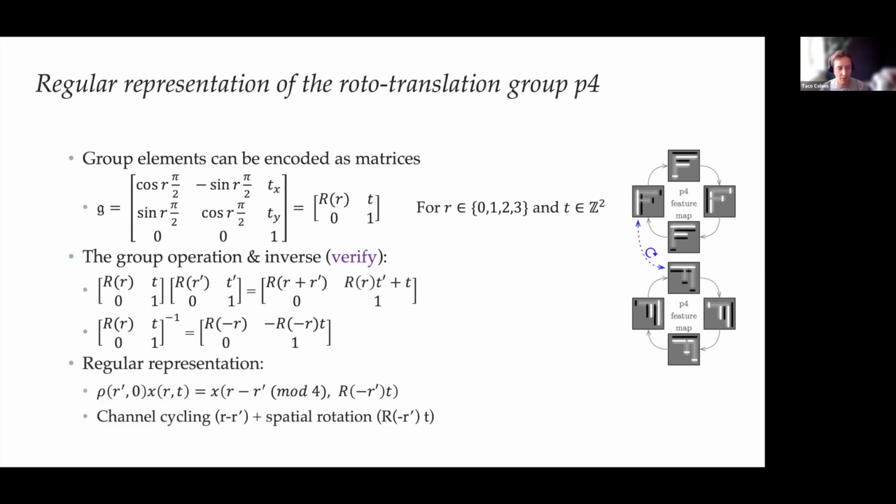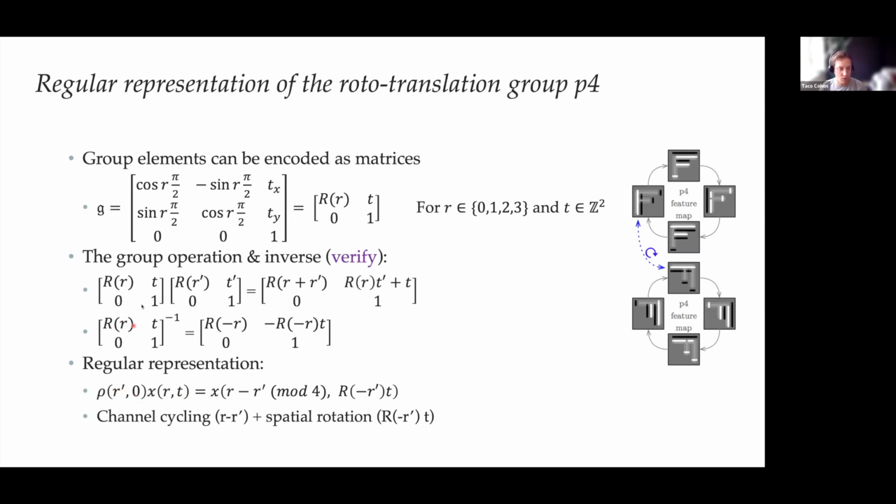Then we look at the definition of the regular representation. So now we have our signal. The signal is a function on the group. In this case, that means it's indexed by a rotation 0 to 3 and a translation in the grid. And let's say we apply just a pure rotation to it with no translation, just to keep things simple.